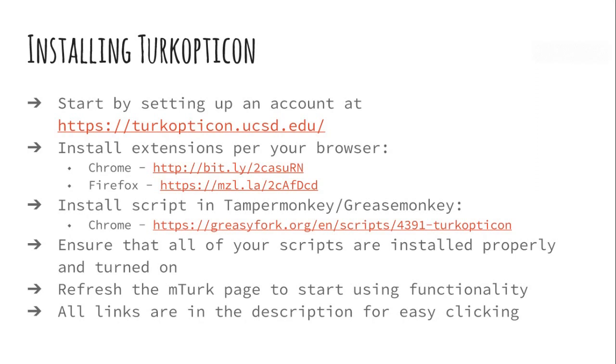So go ahead and install the script that's linked in Greasy Fork here into your Tamper Monkey. And then just ensure that your scripts are installed and turned on. Refresh your MTurk page to start using that functionality. And again, all the links I've got here are down at the bottom for you to click.